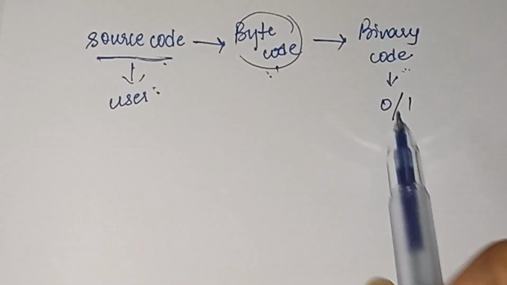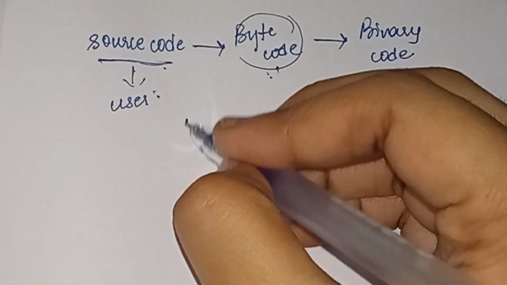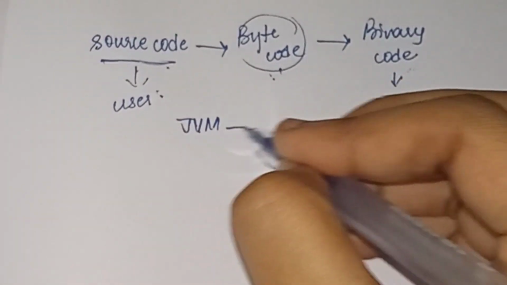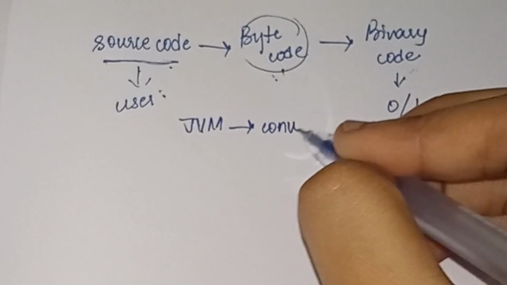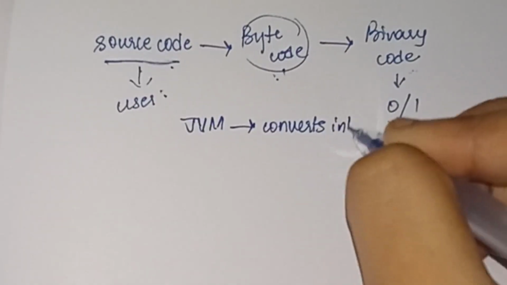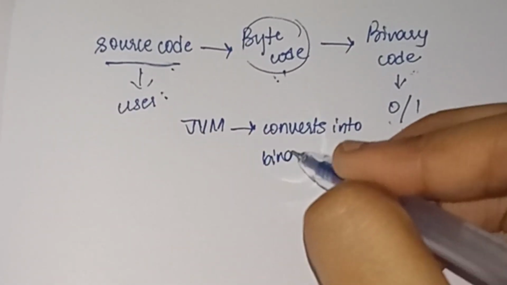And who converts this into binary code? JVM. JVM అంటే ఏంటి? జావా వర్చువల్ మెషిన్ కన్వర్ట్స్ ఇంటూ binary code.